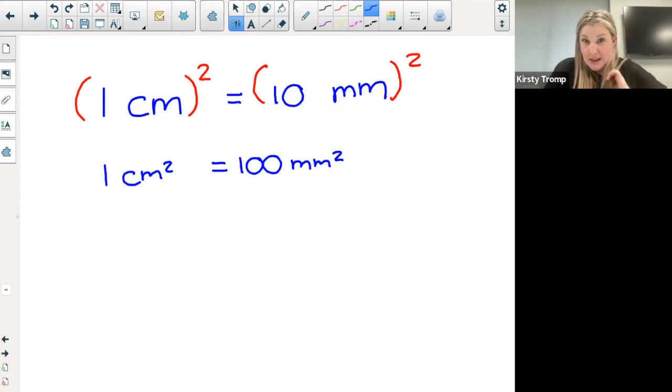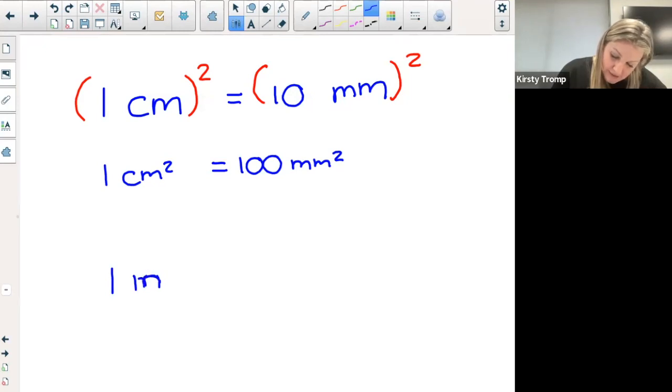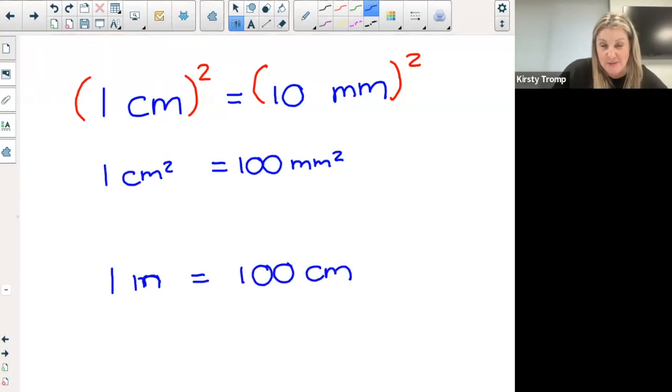Okay. Let's practice that a little bit more. If I had 1 meter, I know that 1 meter is equal to 100 centimeters. All right.